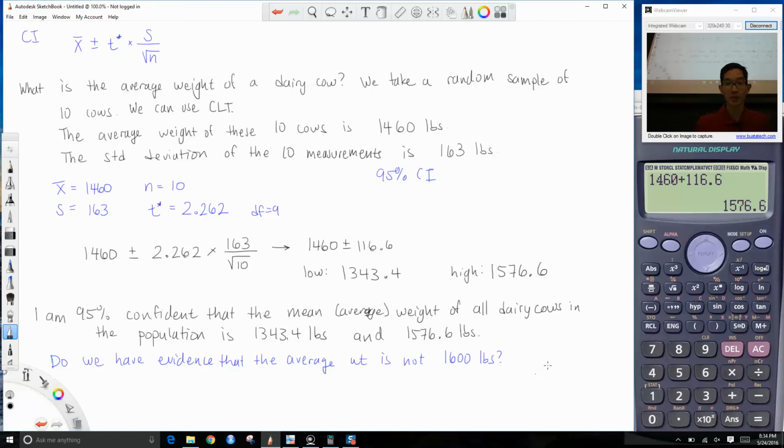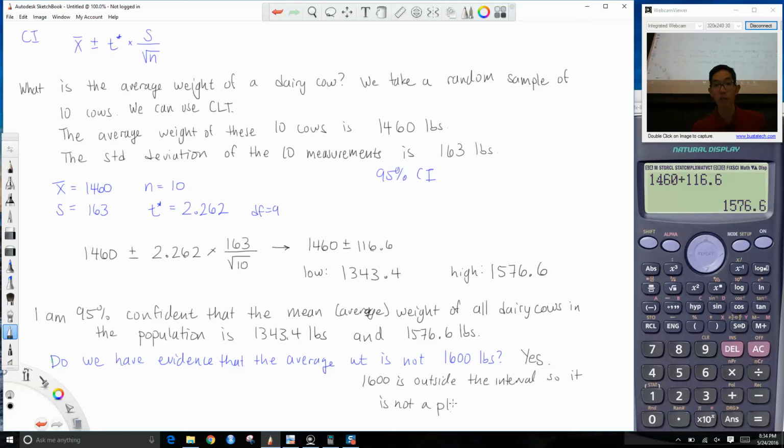Okay, so is your answer yes or no to this question? The answer is yes. Why is the answer yes? Because 1600 is outside of the interval. So 1600 is outside the interval, so it is not a plausible value.